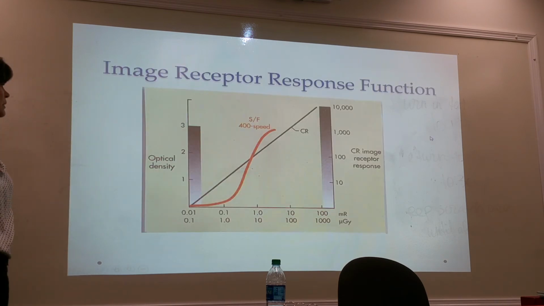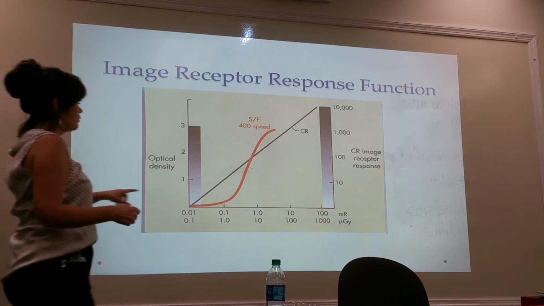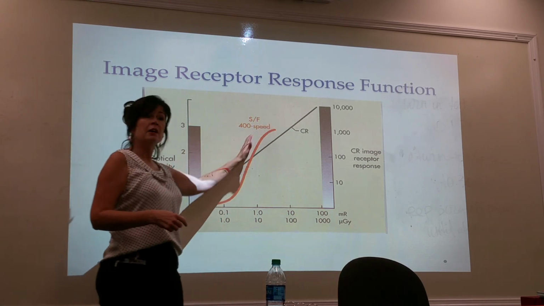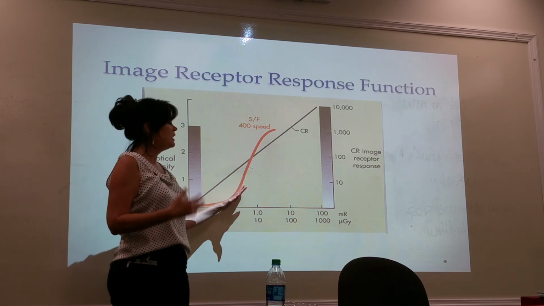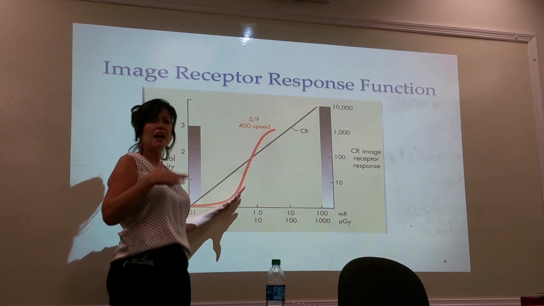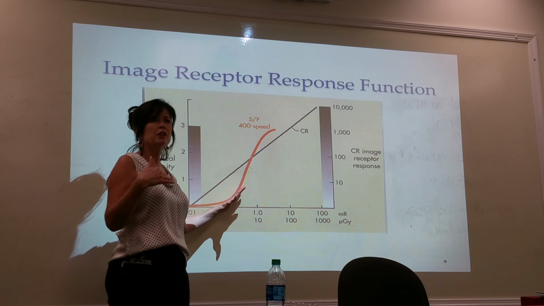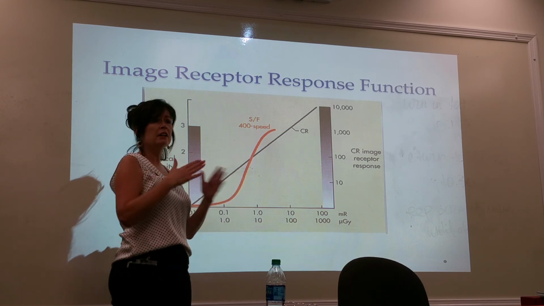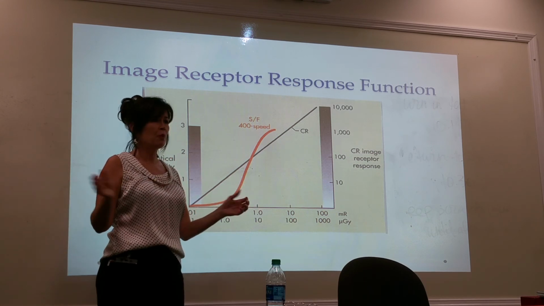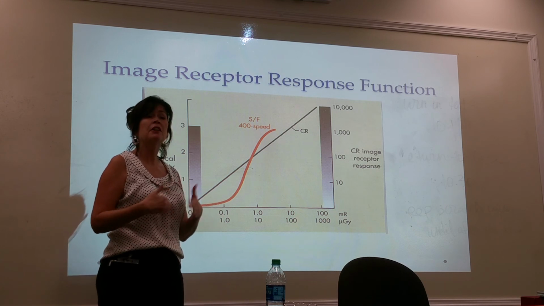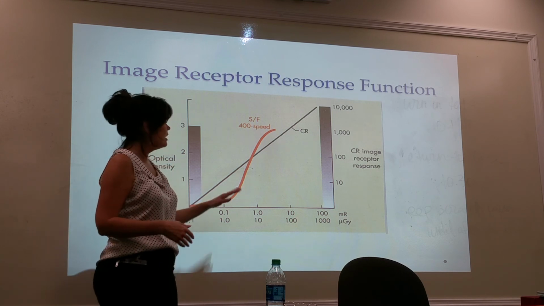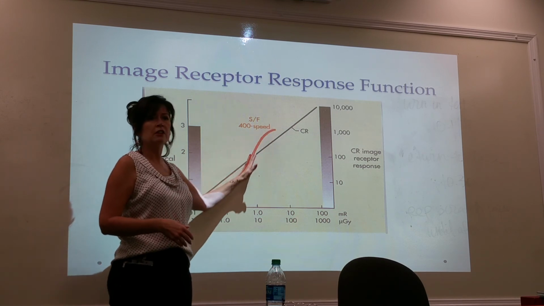This is another thing I wanted to show you. We talked a little bit about sensitometry. Remember the characteristic curve, and it told us whether a film was fast or slow speed. It told us whether a film had more shades of gray or whether it was more black and white based upon the manufacturer making it. So this is our characteristic curve.